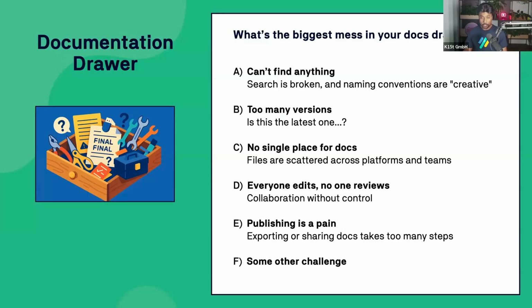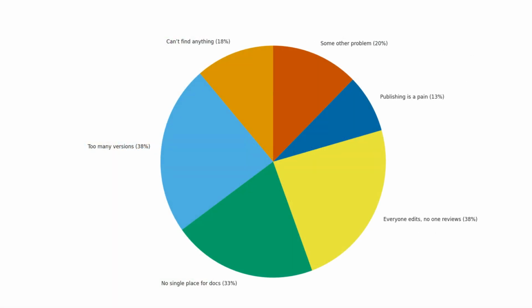Laura says document migration. Okay, it could be an interesting topic to discuss in the Q&A for sure. I think the scales have started moving now, so you can share the results. And yeah, no single place for documentation.